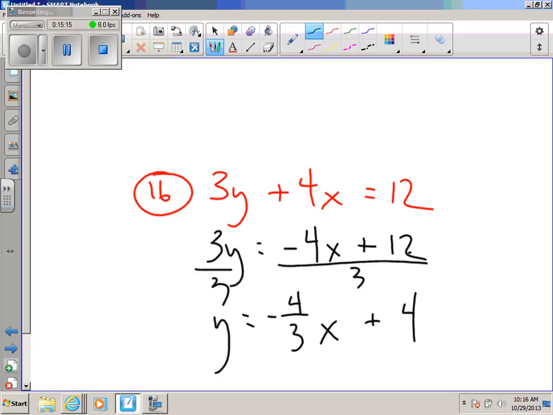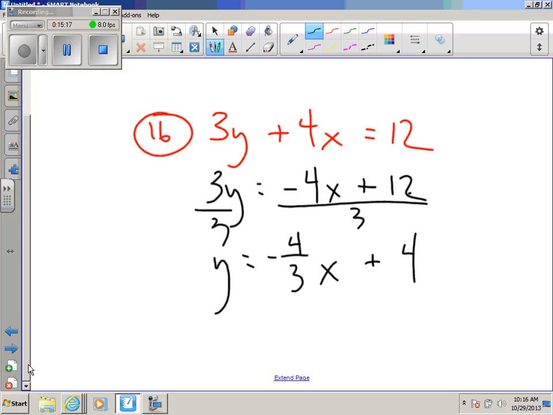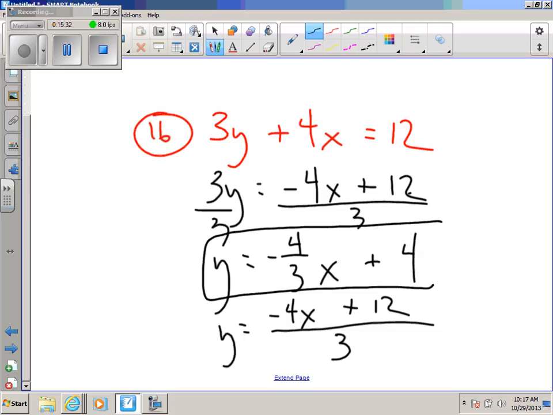So let's take a look at both of these, okay? Because essentially, whether I use this one or whether I use that one, it doesn't matter because why? No pun intended. Did I accomplish my goal and did I get y by itself? In both cases, I got y by itself.